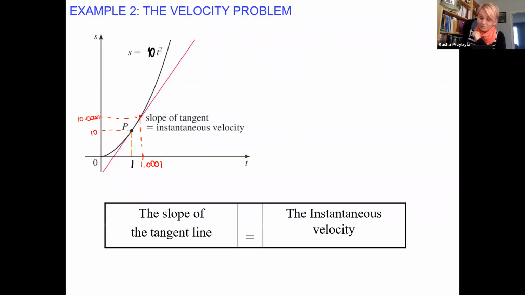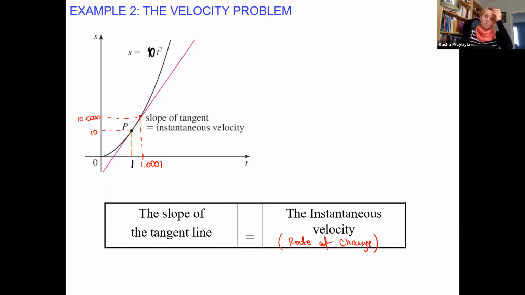Okay, and the slope of the tangent line will be exactly the same concept, the same question asked: instantaneous velocity, instantaneous rate of change.